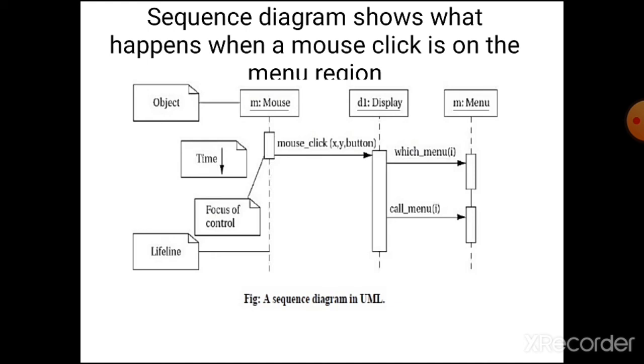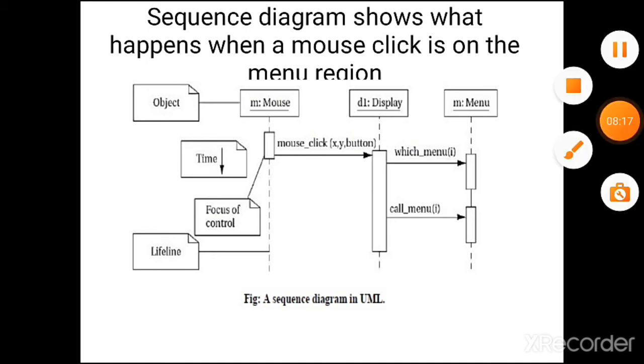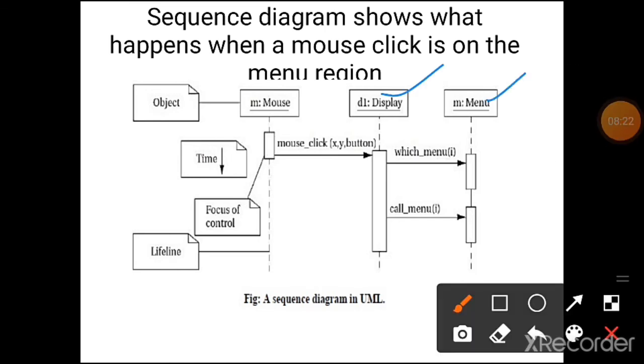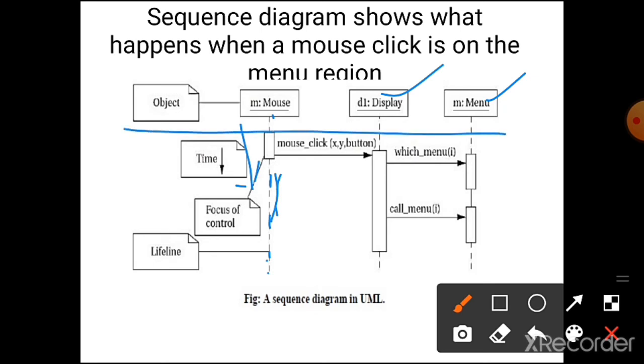The objects are represented in the first line. What are the different objects? One is the mouse, another is the display, another is the menu. Below each object extends a line that shows its lifetime. A dashed line shows how long the object is alive. The vertical axis represents time, and the horizontal line represents the objects.